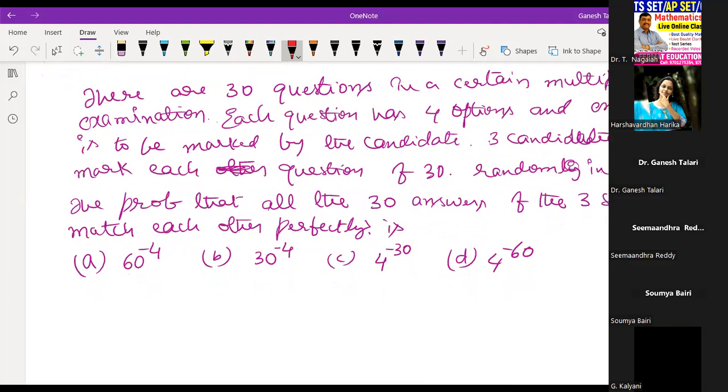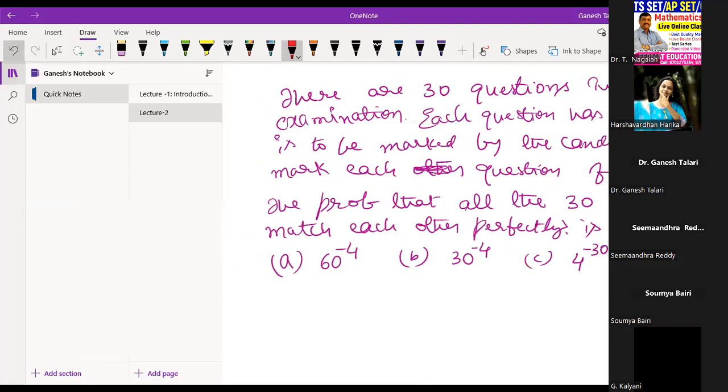We know that probability of A intersection B is equal to probability of A into probability of B if A and B are independent. So based on this only, it has written randomly independent.